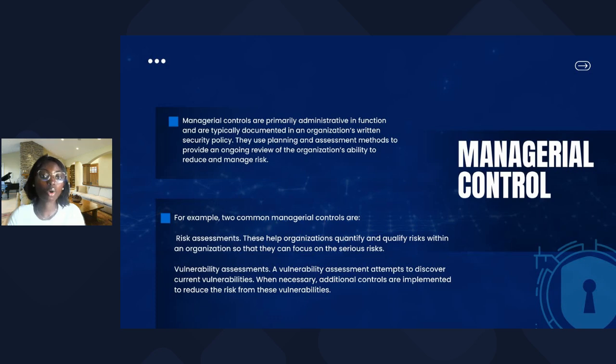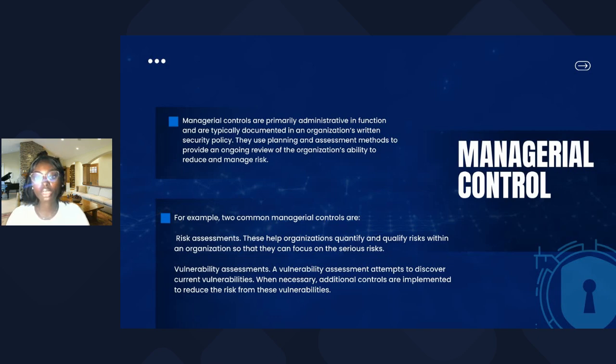An example of managerial control that we can relate to is risk assessment and vulnerability assessment. For risk assessment, you have it as qualitative or quantitative, right?